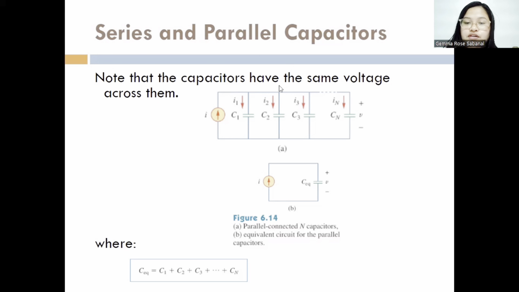Note that the capacitors have the same voltage across them. As you can see here in the figure, A is a parallel connected n capacitors, and B is the equivalent circuit for the parallel capacitors, where C equivalent is equal to C1 plus C2 plus C3 plus ... plus Cn.